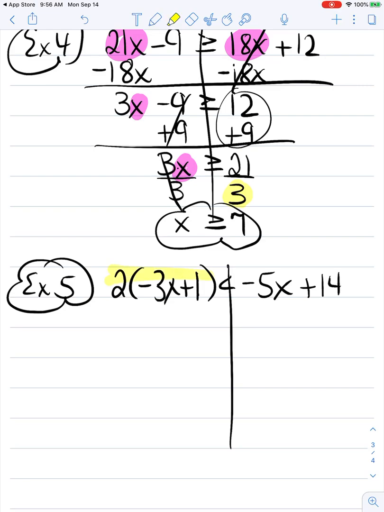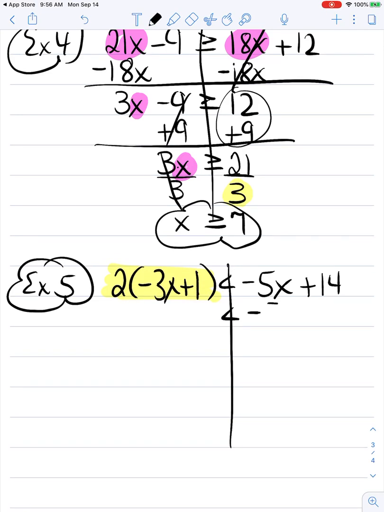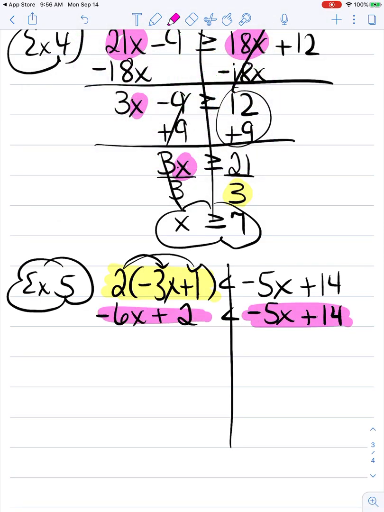I do, however, notice I have the distributive property. So I'm going to bring everything else down just so I don't forget it. So I've got 2 times negative 3x is negative 6x. 2 times 1 is a positive 2. I don't see like terms on each side. And remember what that means is there are no like terms on the left. There are no like terms on the right.